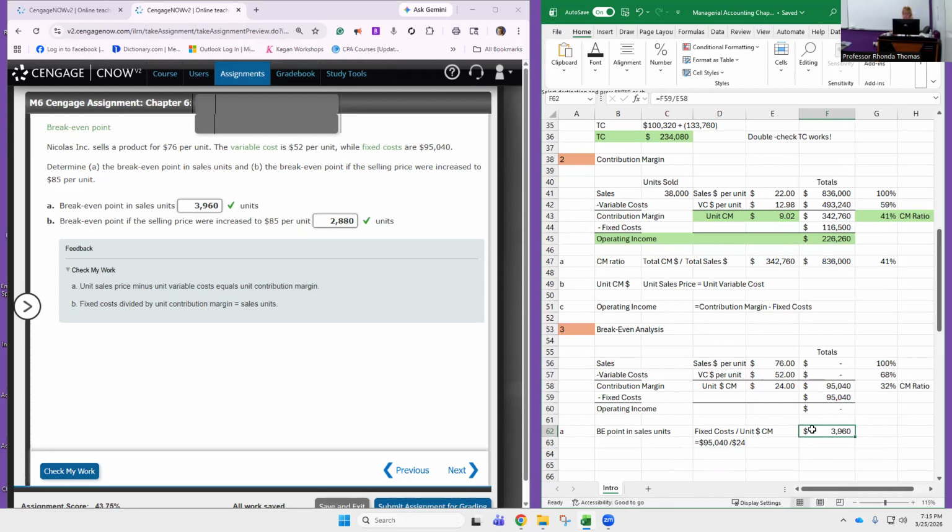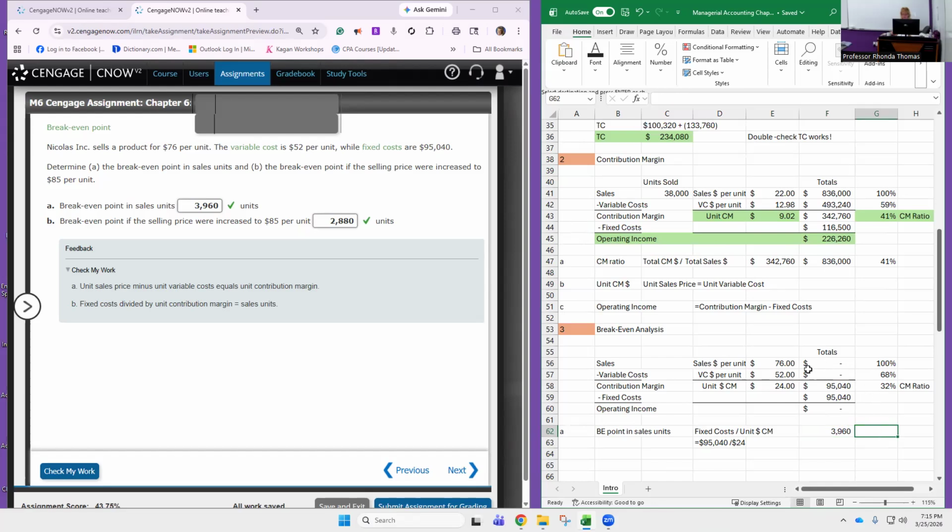So these are units, not dollars, so we do not want dollar signs. This is the break-even point in sales units. That's what we need.